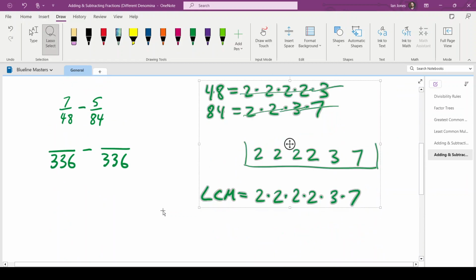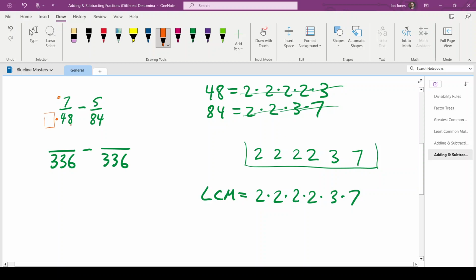And what I need to do now is multiply numerator and denominator of this one by the number that would make the denominator 336. So I'm thinking, okay, 336 is 48 times what? Now, with no calculator, I'd be going 48 into 336, and doing long division. And that works, but there's actually a simpler way.